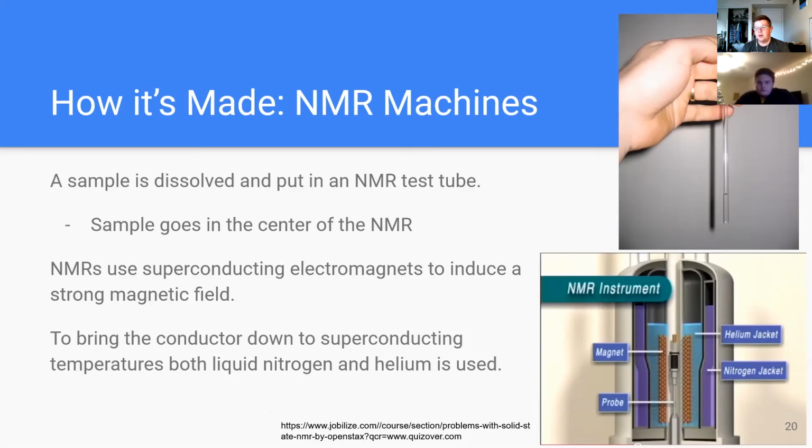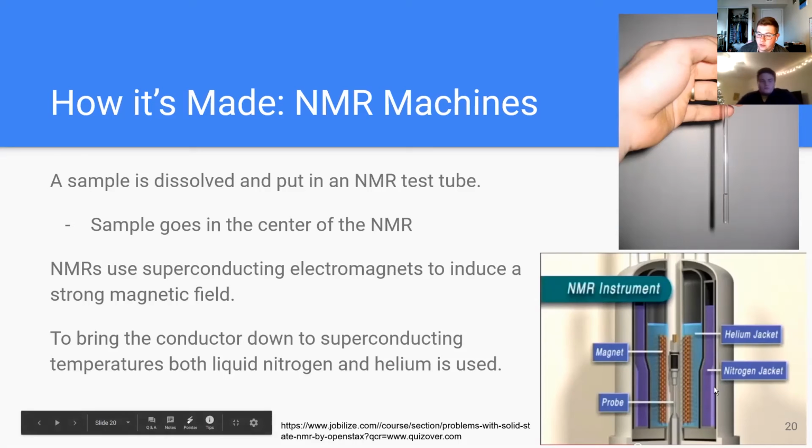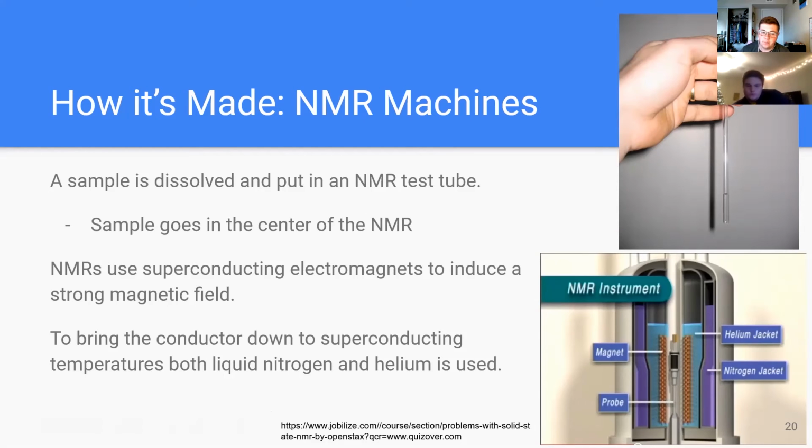And so you can see here that there are two inner shells. One is liquid nitrogen. That's the larger space. And then inside that is liquid helium. That's just to get temperatures so cold that we start to see superconducting for the electromagnet. We use the nitrogen in a larger space because it's cheaper and also it's not as cold.